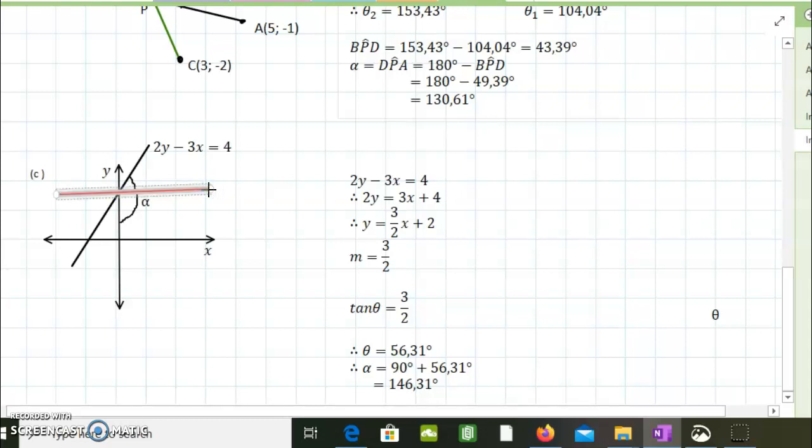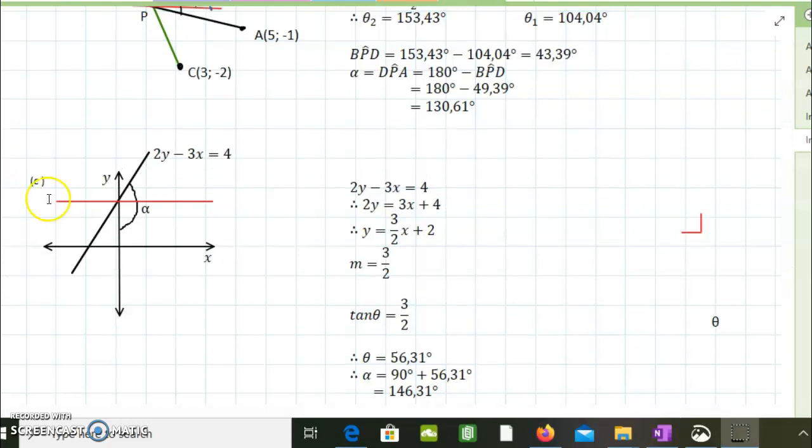So there's my horizontal line, drawn through the point of intersection which makes up this angle alpha.